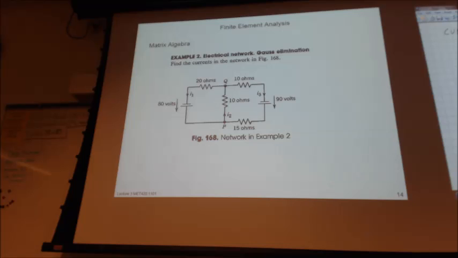So we're going into the batteries, I guess, right? And then we're coming out of point P. Oh, we're going into the resistor. Where do I have?